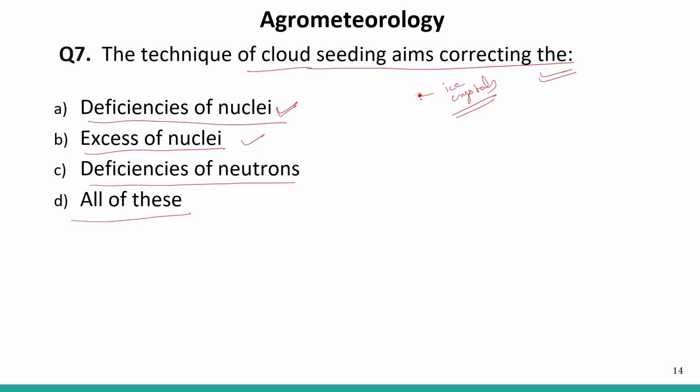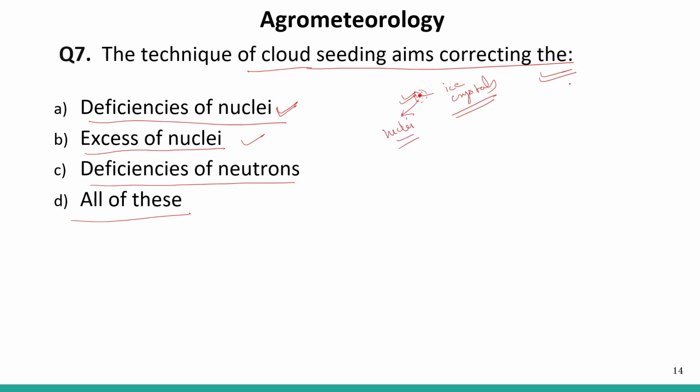And around these crystals, water vapor comes and condenses and forms water droplets. Now these water droplets come down in the form of rain, right? So these are called nuclei.